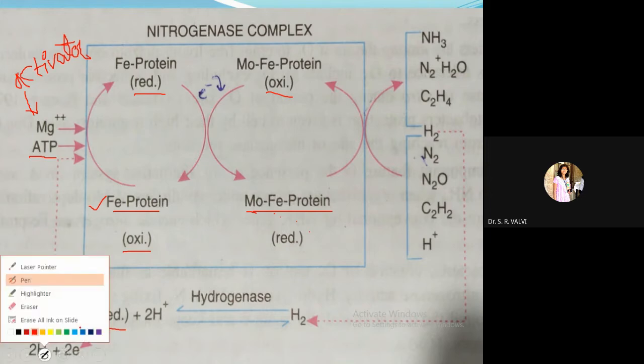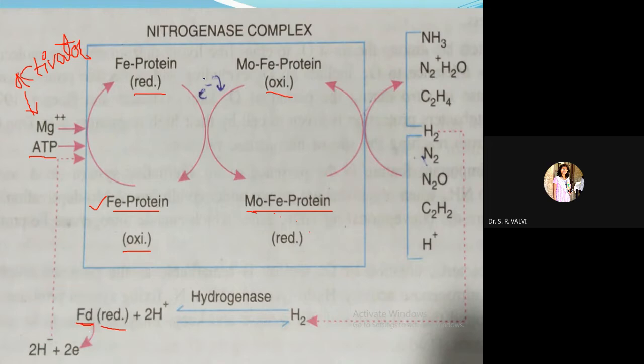Let me change the color of my pen. So the electrons first coming from ferredoxin are taken up by whom? They are taken up by the Fe protein, and when this oxidized Fe protein takes the electron, it is converted into the reduced form of Fe protein. Now electrons from the reduced Fe protein are accepted by the oxidized MoFe protein.